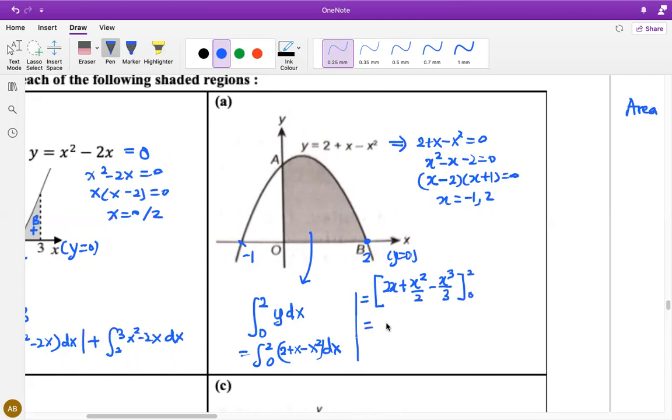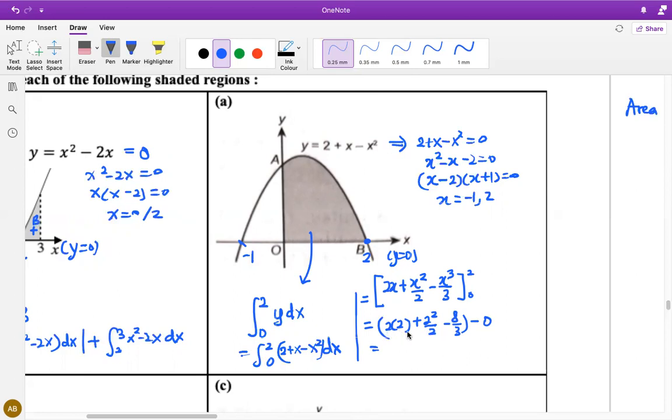You substitute in, so it's 2 times 2 plus 2 squared over 2 minus 8 over 3. Then you minus 0. When you get 0, this one is quite simple, everything is 0, so we just put a 0 to represent the overall value.